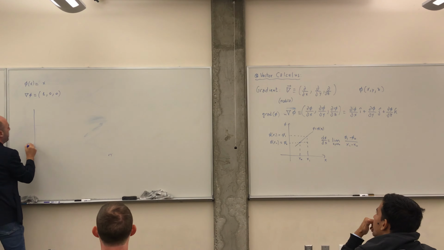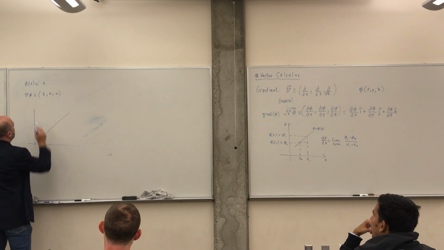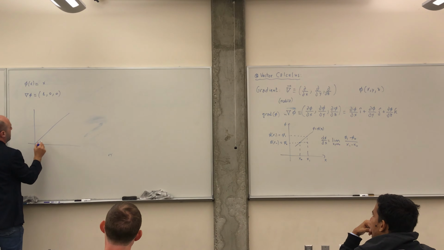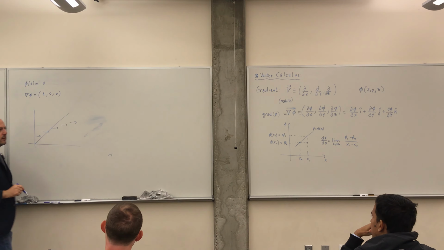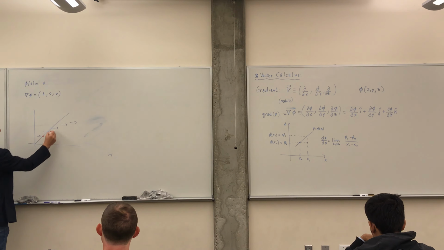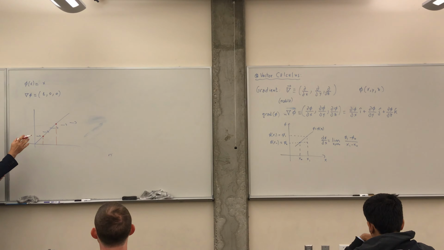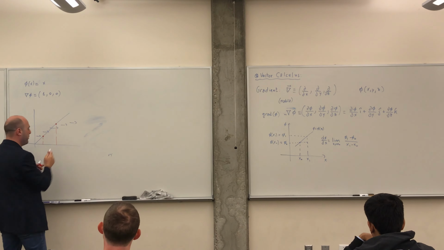So when we plot this, this is x. Grad phi is always pointing in the positive x direction. That makes sense because if you're at any point here or there, where is the direction of rise? You've got to move in the positive x direction to go up.